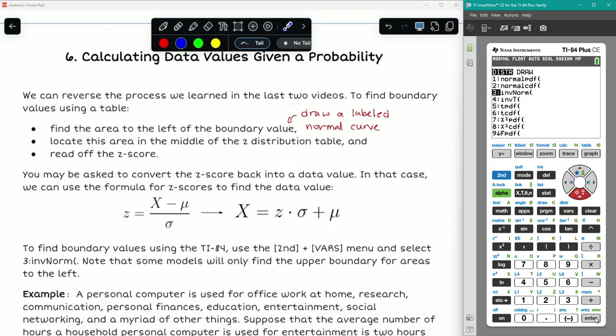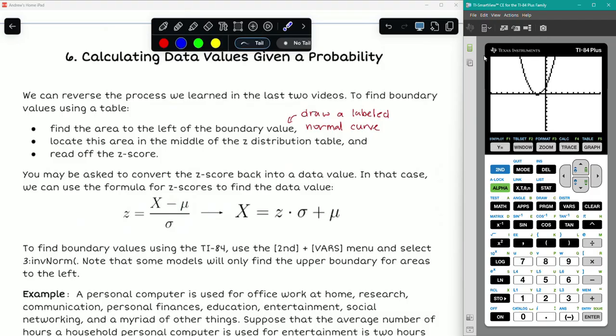So I'm going to pull it up on my screen, and you'll see this model of calculator with this operating system gives me an option for an area in a left tail, an area in the center of the curve, or an area in the right tail. Older model calculators don't do that.